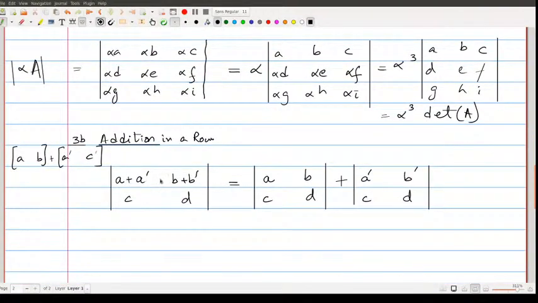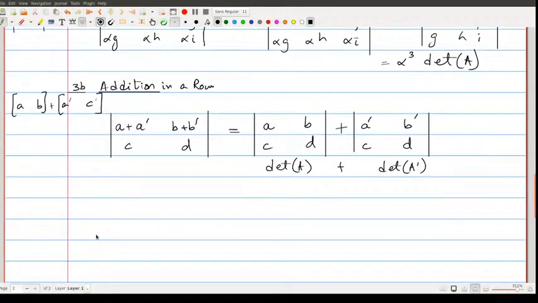The addition was happening in a row, and you can transfer the addition to the determinant. So the addition that was happening inside a row has transferred into the addition of these two determinants, right?